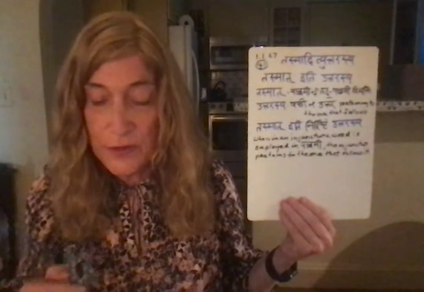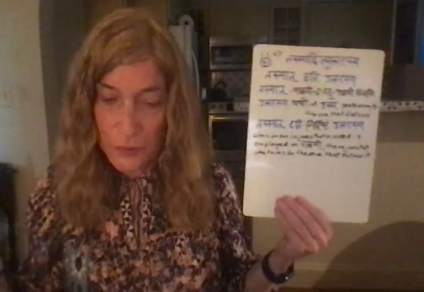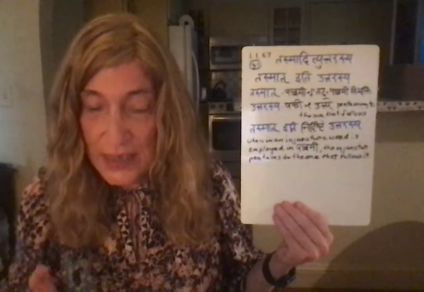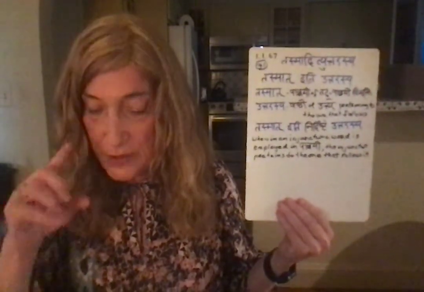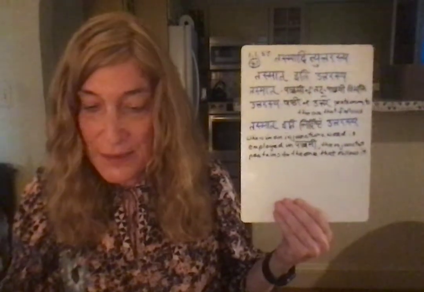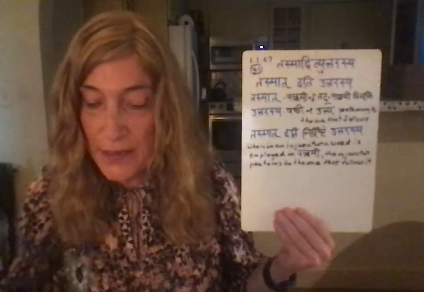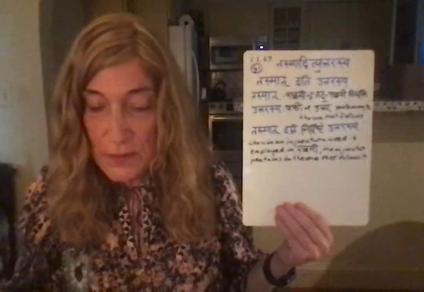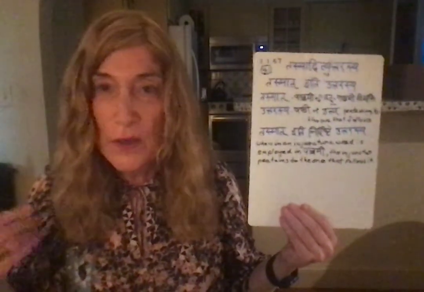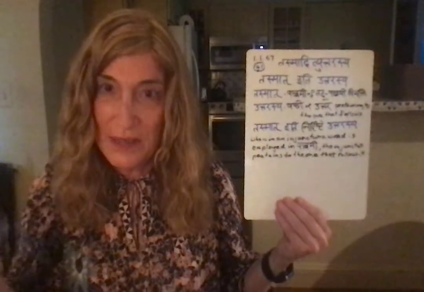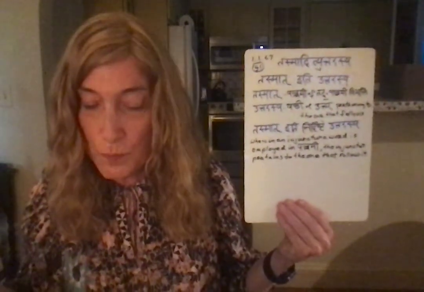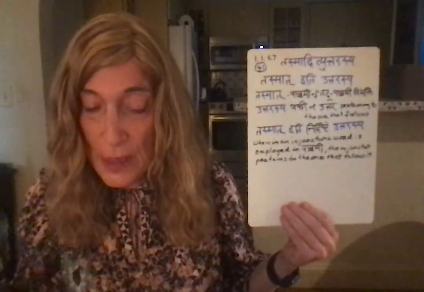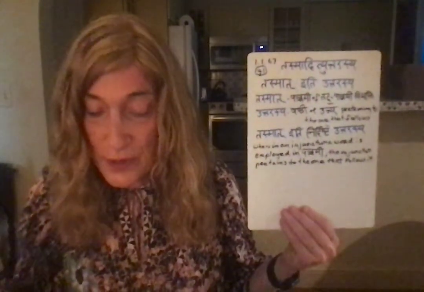The structure of the gloss of the sutra would be tasmat iti nirdishte, and that's anuvritti really. Uttarasya pertains to the one that follows. So when in an injunction, nirdishte, which is, as you recall, essentially the locative absolute function of saptami in that case, nirdishte, uttarasya.